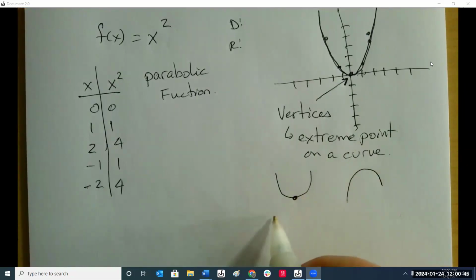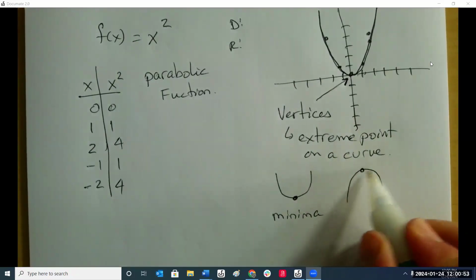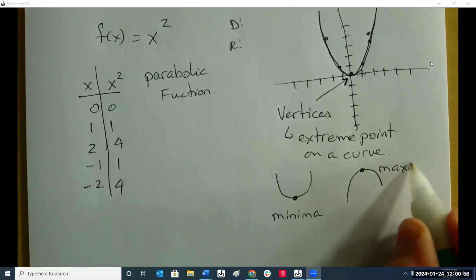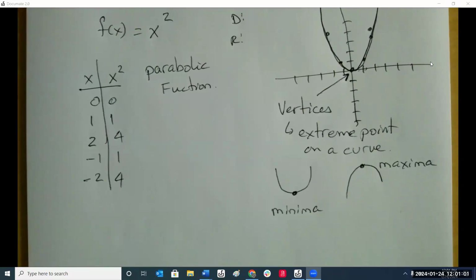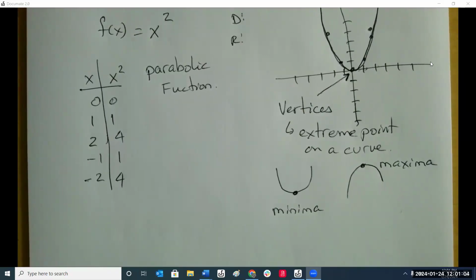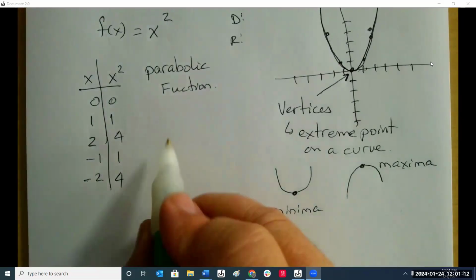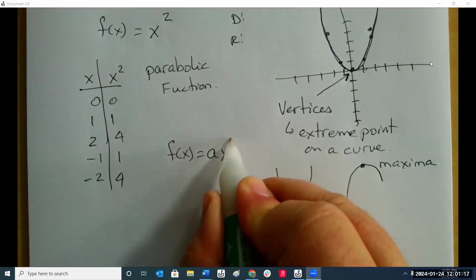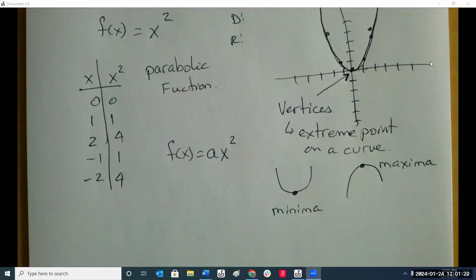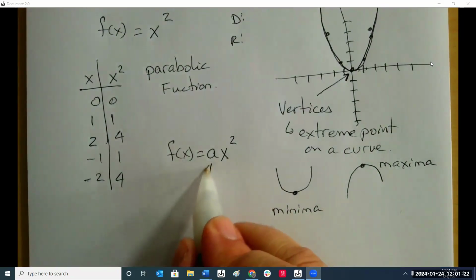If it's the lowest point, it's called a minima. If it's the highest point, it's called a maxima. How can we tell which one we're going to have before we even graph it? It all depends on the coefficient of x.